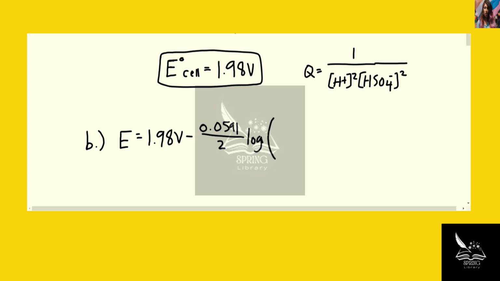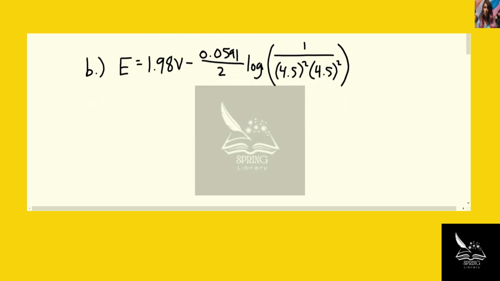So therefore, Q is equal to 1 over 4.5 molar squared times 4.5 molar squared. And now we plug that all in and rearrange to solve for E. When we calculate out the non-standard cell potential for the lead storage battery at these conditions, it should be about 2.06 volts.